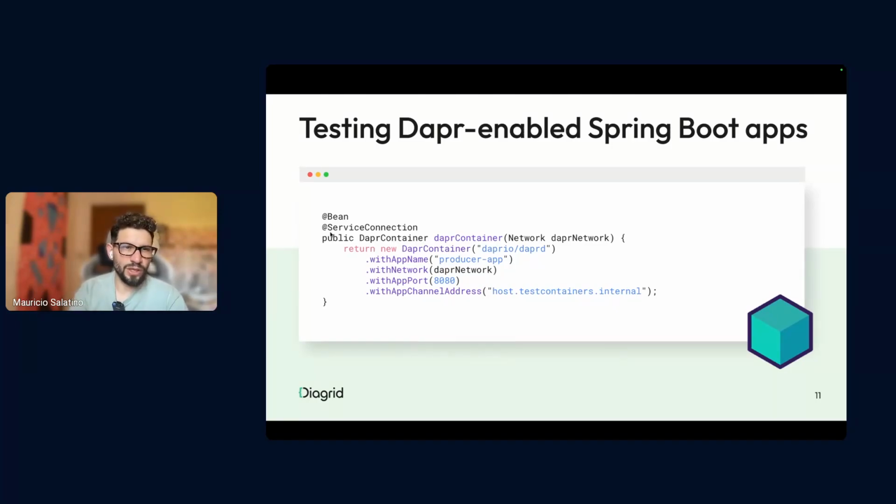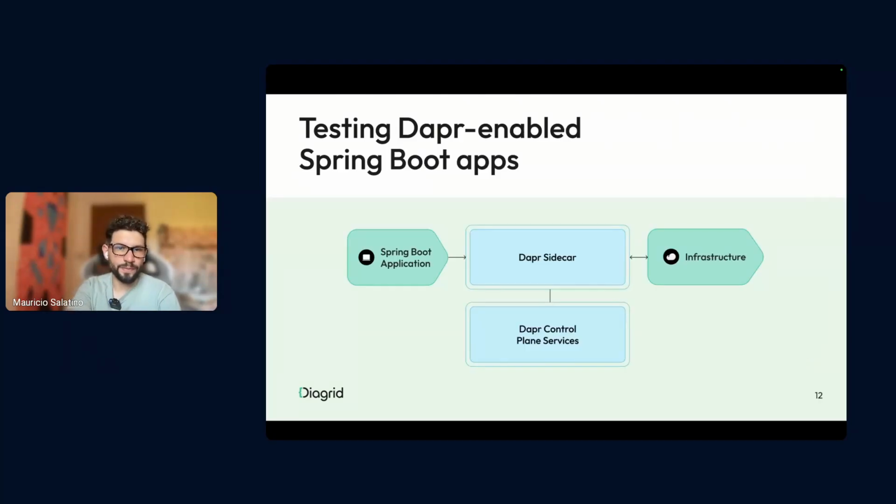So you can see we are using some of the Spring Boot annotations here, like service connections, that allow us to register to the application, which has a client to connect to the Dapr APIs, where that Dapr container is running and where the services can be located. So the application and the Dapr setup can be connected automatically and magically for the user, so they don't need to even worry about where those containers are running.